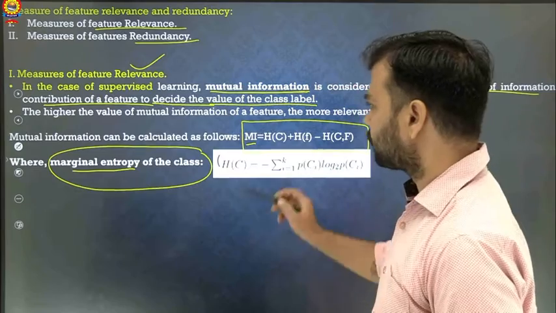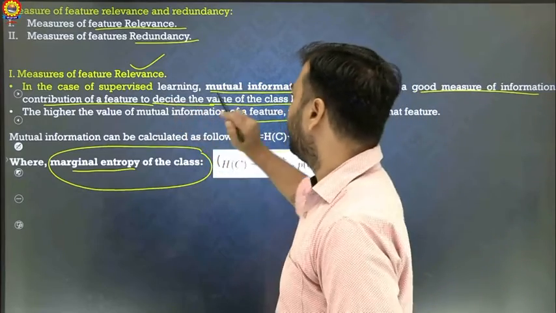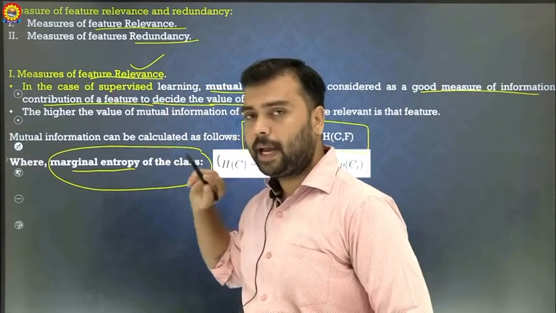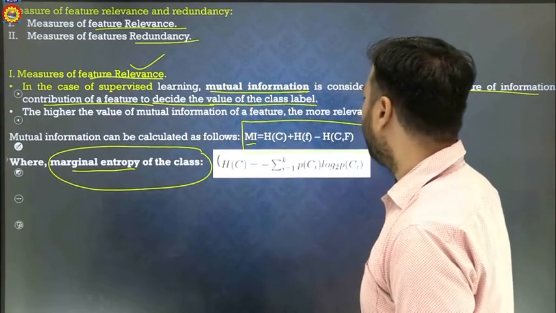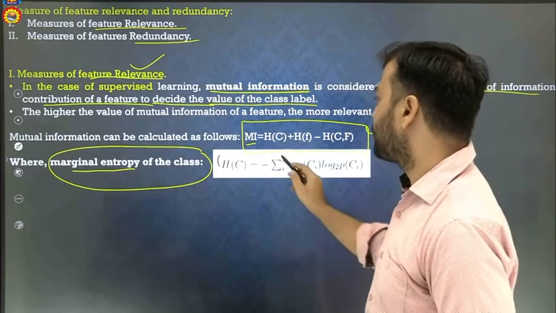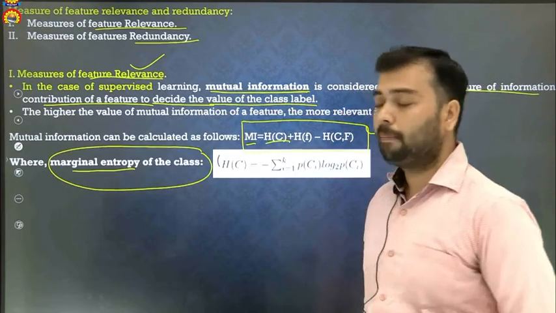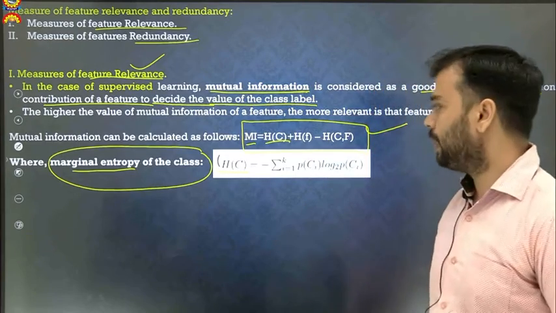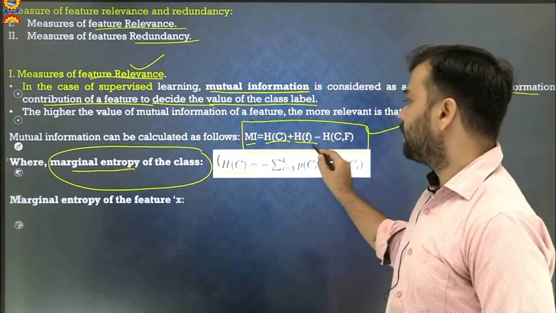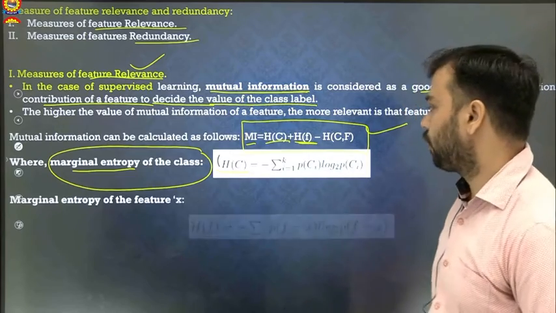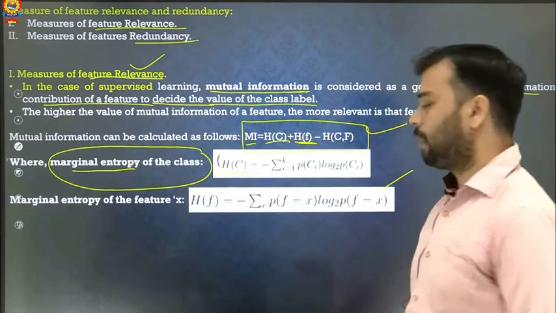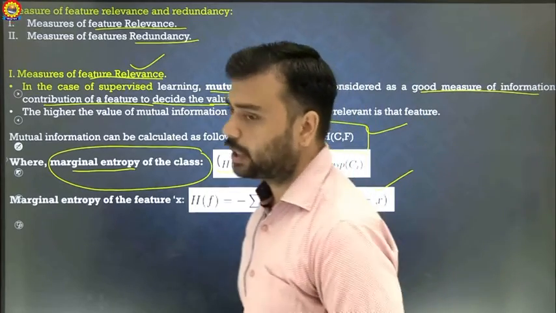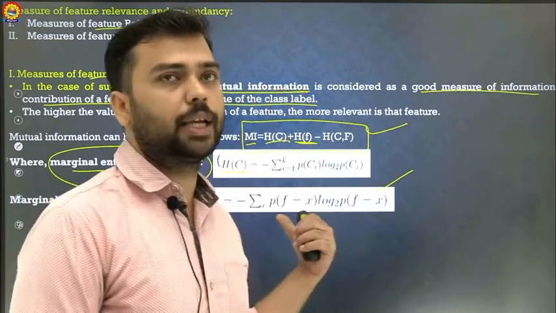So in the case of supervised learning, mutual information is used to measure the feature relevancy, and we measure it by using this formula. In this formula, H of C is the marginal entropy, and this is the formula for the marginal entropy of the class. Similarly, this is the marginal entropy for the features, and this is the formula for calculating it.